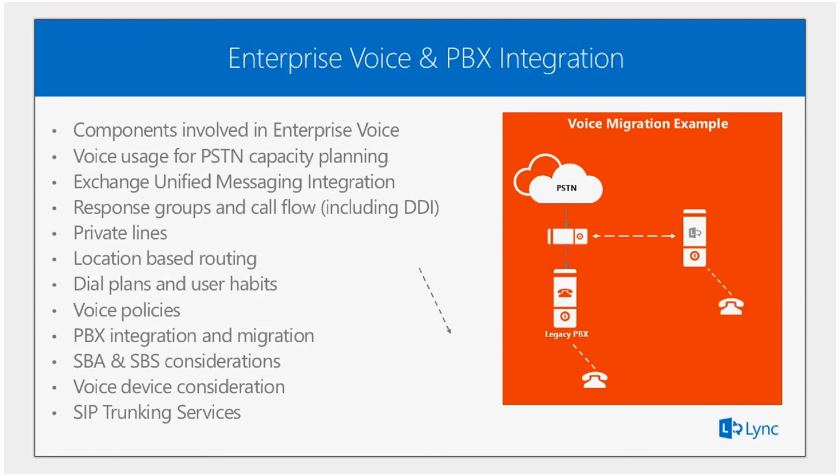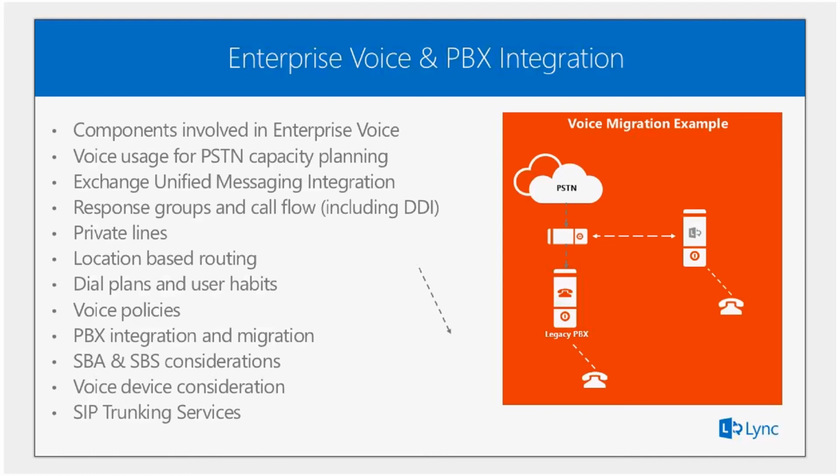So Microsoft and vendors have created these appliances called SBAs and SBS appliances. It stands for Survivable Branch Appliance and Survivable Branch Server. So an SBA, a Survivable Branch Appliance, on the diagram on the right, we've got the gateway or SBC that I introduced between your phone system and the PSTN, and we've got a Lync server off to the right of it.